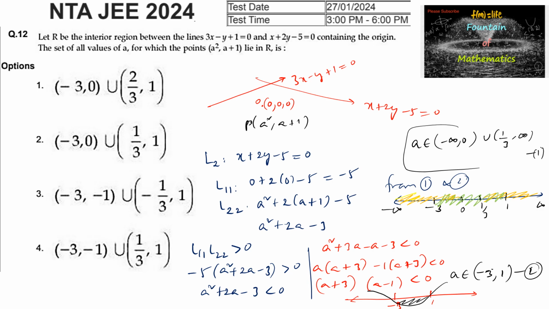The common solution can be taken as a belongs to minus 3 to 0 union 1 by 3 to 1. So minus 3 comma 0 union 1 by 3 comma 1, which is option B, option 2. So we can go with option 2.